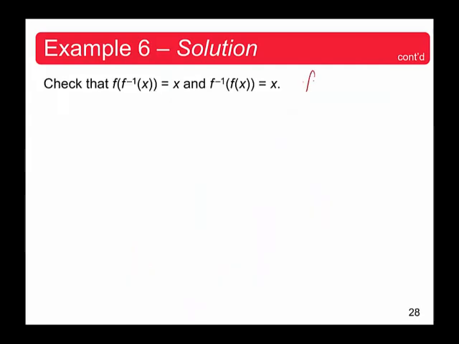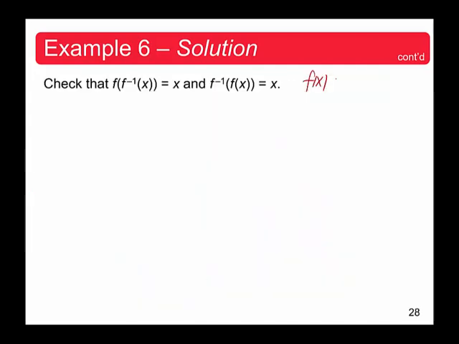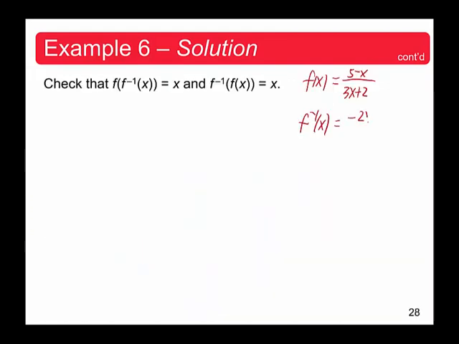Let's verify this. f of x equal to 5 minus x over 3x plus 2. And we just found the inverse function, and we'll make sure we found the right thing: negative 2x plus 5 over 3x plus 1.